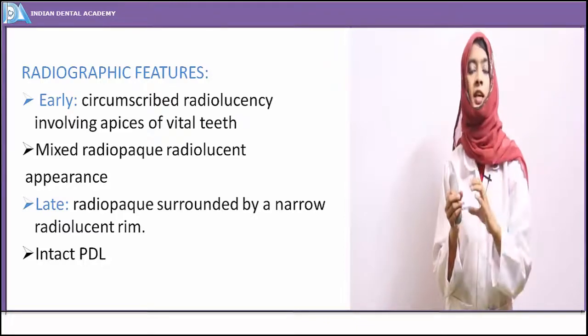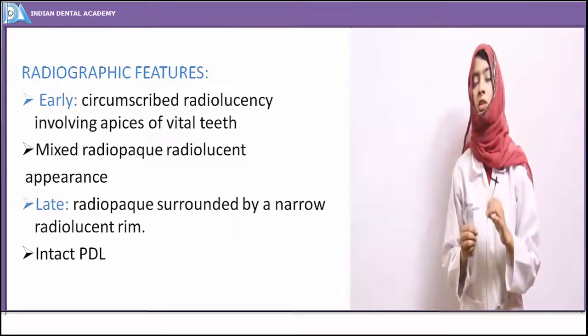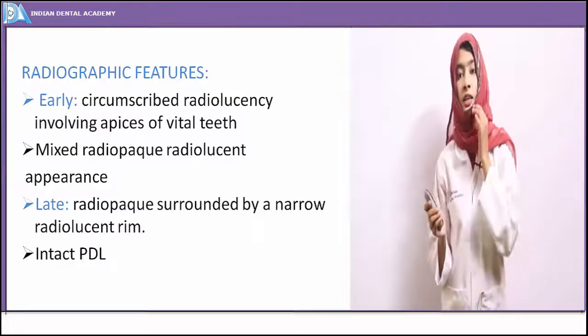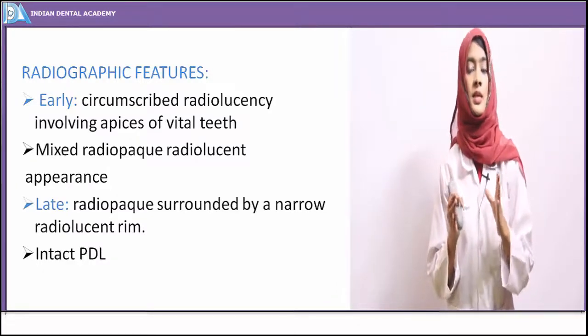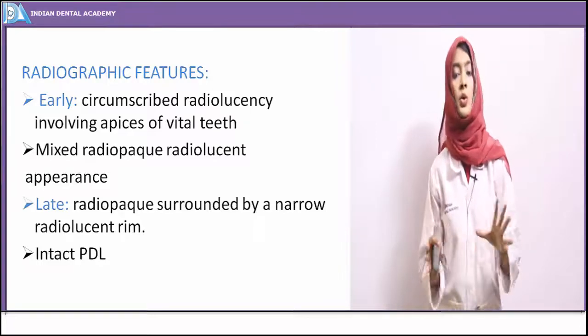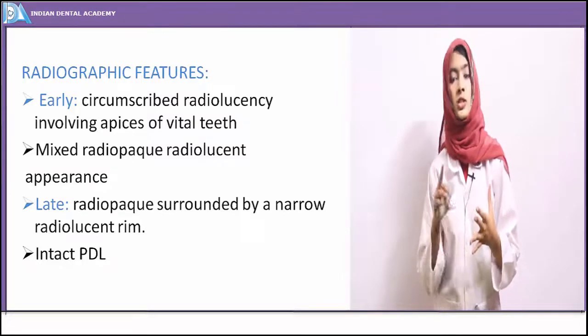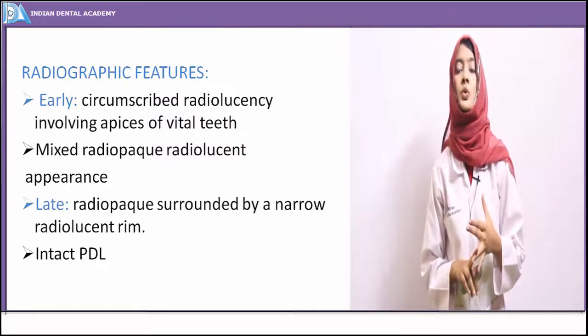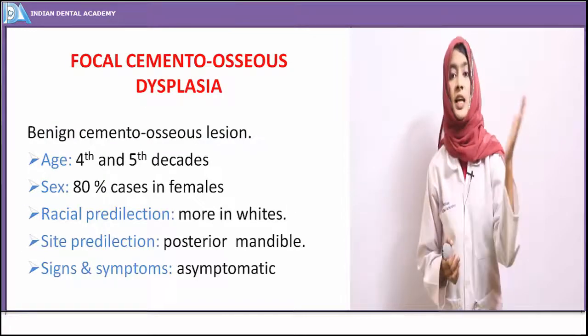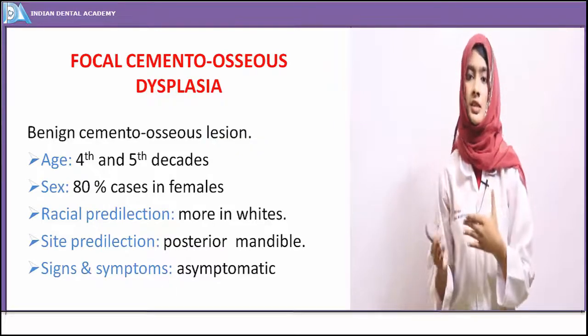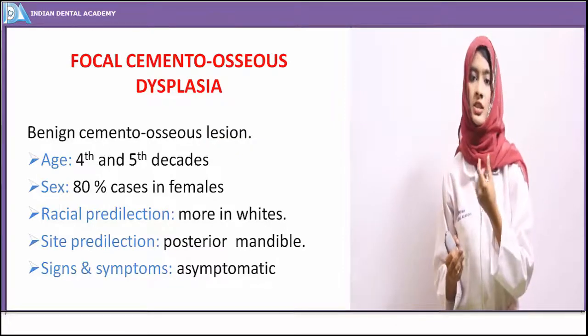So radio-opaque in the center, surrounded by a radiolucent rim. The astonishing feature is that the periodontal ligament remains intact because there is no carious process in the tooth, or periapical infection in the tooth. So the periodontal ligament remains vital here. That's the periapical cemental dysplasia. It is seen in the anterior mandibular region.